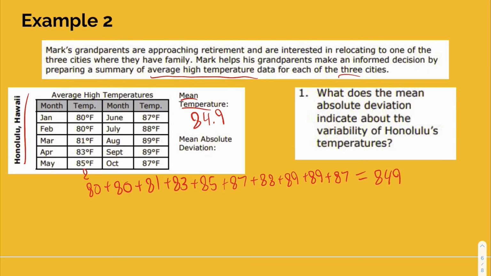So I'm going to put 84.9 above that and do subtraction. It's going to make 4.9. 84.9 minus 80 gives me the same number. 84.9 minus 81 will make 3.8. And you can continue.